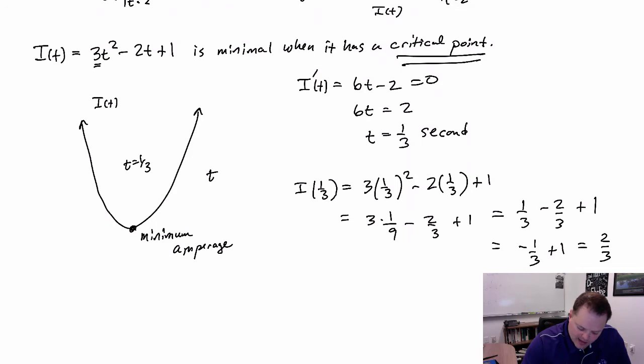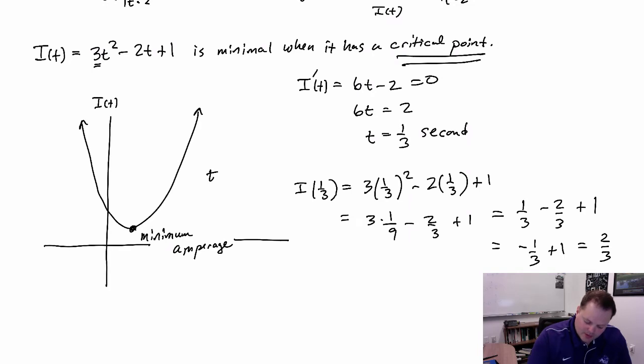Let me redraw the axes for you. So let's see, that would still be positive. So something like this. At t equal to 0, it has a value of 1. And over here at t equal to 1/3, it has a value of 2/3.